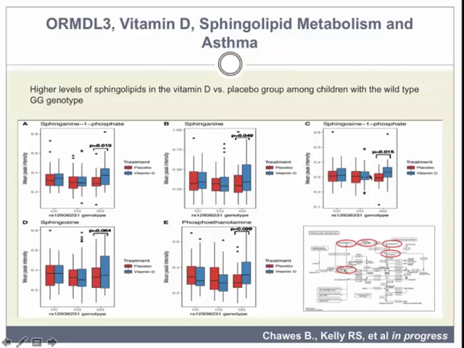So this is actually showing us, especially that group with no copies of the risk allele, vitamin D is really able to help those individuals and upregulate the whole pathway and decrease asthma. So here's a picture of where those metabolites exist in this pathway. All of those state increase in those who have the risk allele and vitamin D.